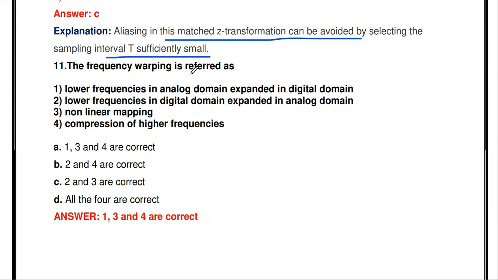So frequency warping is referred to as lower frequency in the analog domain expanded in the digital domain, it's a non-linear mapping, and it's a compression of high frequency. These three things are correct, so 1, 3, 4 is the correct answer about frequency warping.